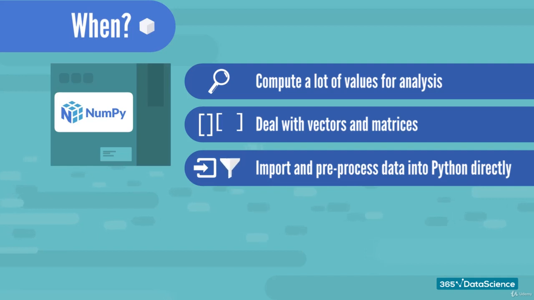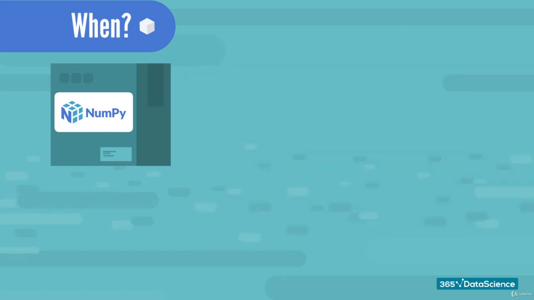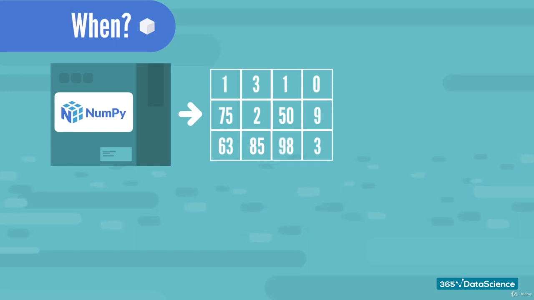Furthermore, NumPy is fantastic when it comes to generating random tests. By providing enough arguments, we can create arrays of different size, which means they can contain a different number of elements and fill them with data from a specific statistical distribution, be it a simple one like the uniform and normal, or a more complex alternative like the beta distribution.